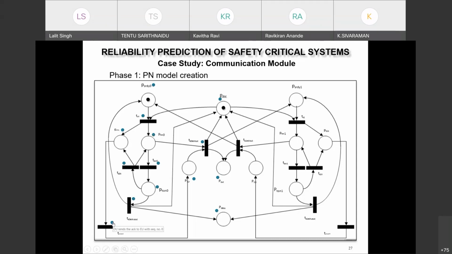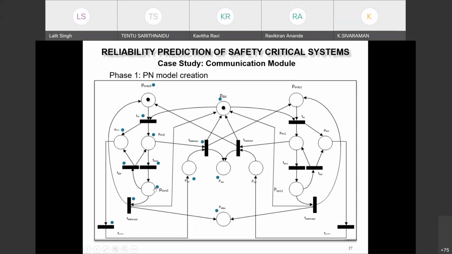And then TCOM1 represents that the display unit sends the acknowledgement to the embedded unit with sequence number 0. If there is a token in the place PR1R, it represents that the acknowledgement with sequence number 0 has been received. And if it is received, then the token will be pulled out from the waiting place where it was waiting for the acknowledgement, and it has to report that the data has been sent successfully, which can be reported to the operator, and again it will be ready for sending a new packet.